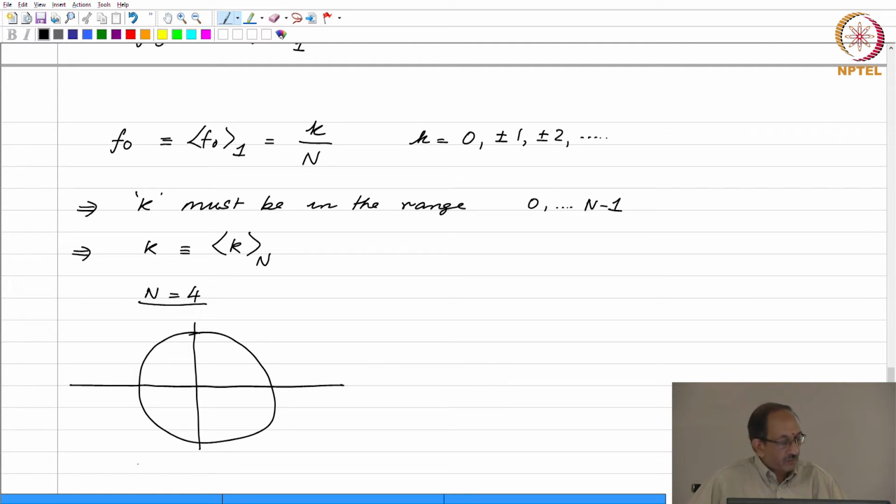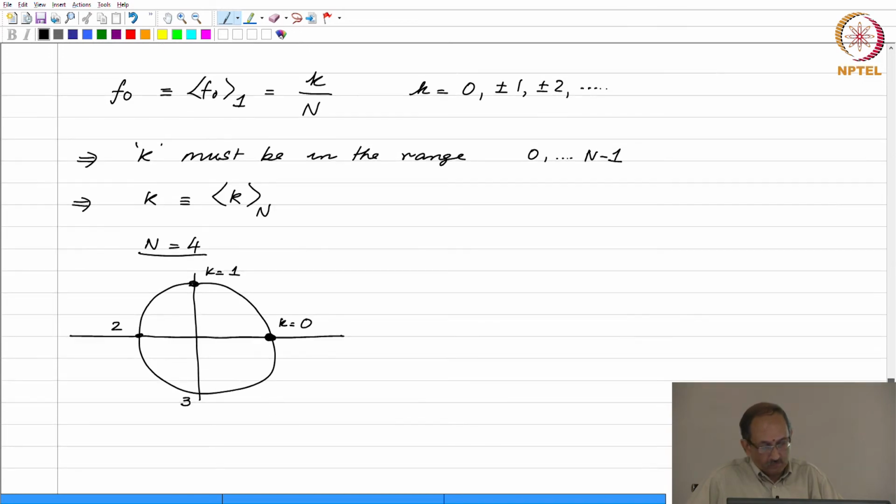Which means k needs to take the value 0, 1, 2, and 3. Therefore, if k takes on the value 0, you will have omega naught here. So, this is k equal to 0, and this is k equal to 1, 2, and 3. Okay.